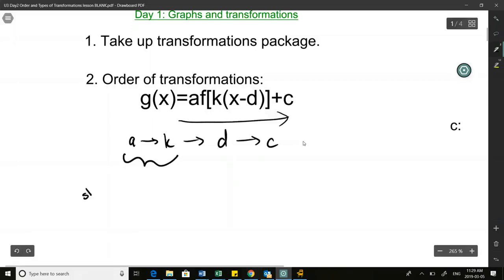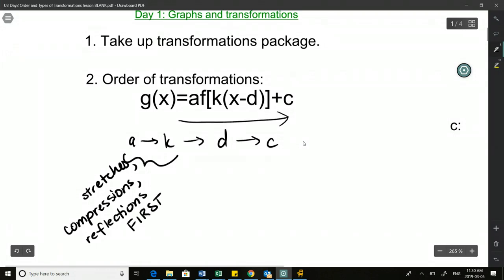So we do all stretches, compressions, and reflections or flips, whatever you want to call it. They must be done first, and then the shifts or translations are last.